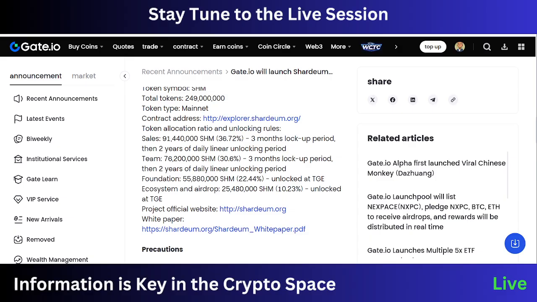Allocation for the team is 72.2 million SHM, which is 30.6%, with a 3-month lockup period, then a 2-year daily linear unlocking period.